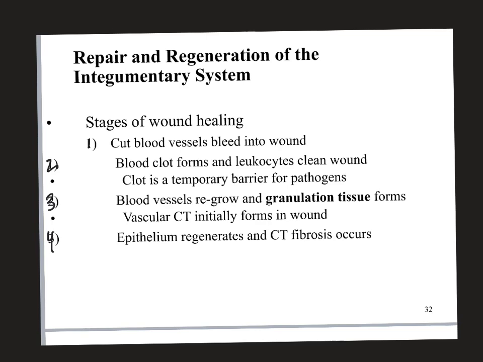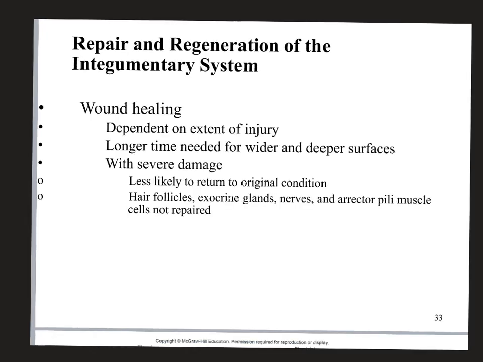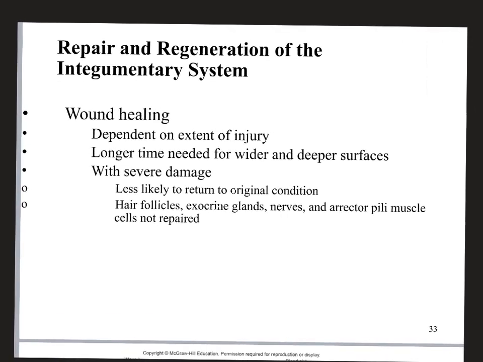Let's see what that looks like. Before wound healing, it's dependent on the extent of injury, and it also depends on where in the body things are needed. Obviously, longer time is needed for wider and deeper surfaces, depending upon the size and severity of the damage. The more severe the damage, the more severe the cut, the more likely that fibrosis will occur.